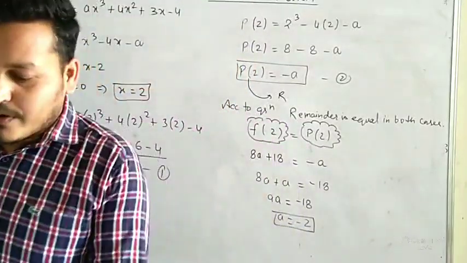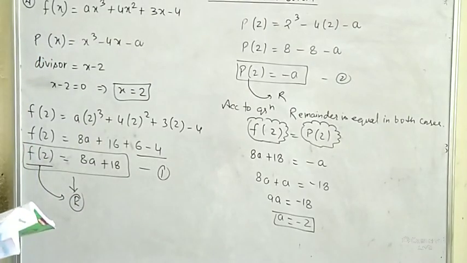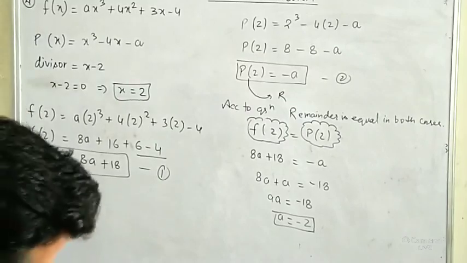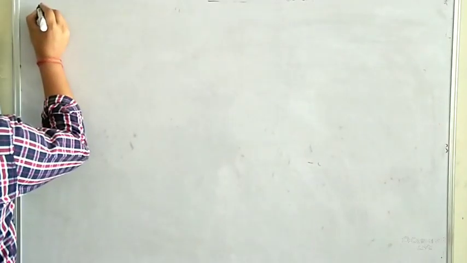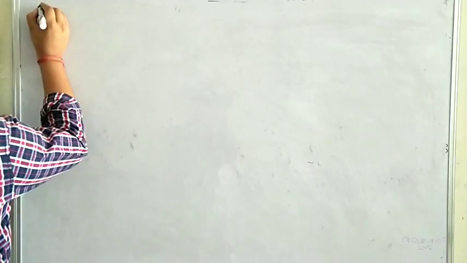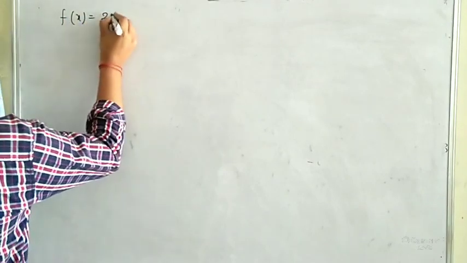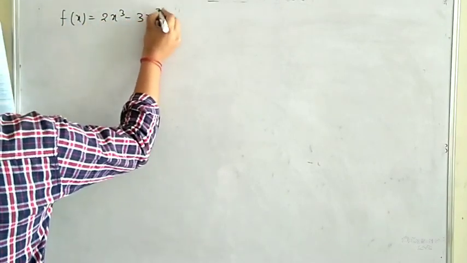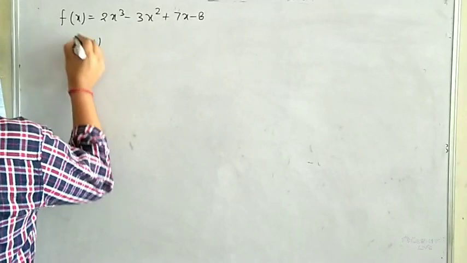Now I am giving one question for you, please solve this question. What will be the remainder of this question? Please write in the comment section what the remainder will be. f(x) is equal to 2x cube minus 3x square plus 7x minus 8, divided by x minus 1.